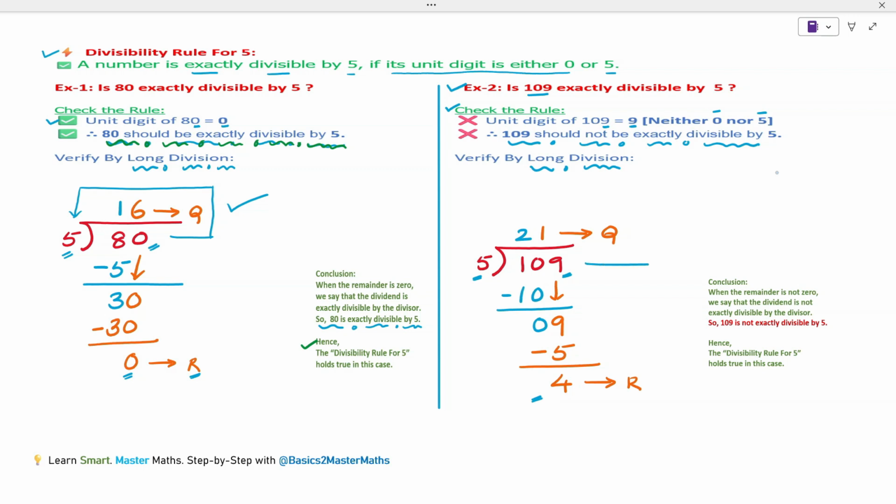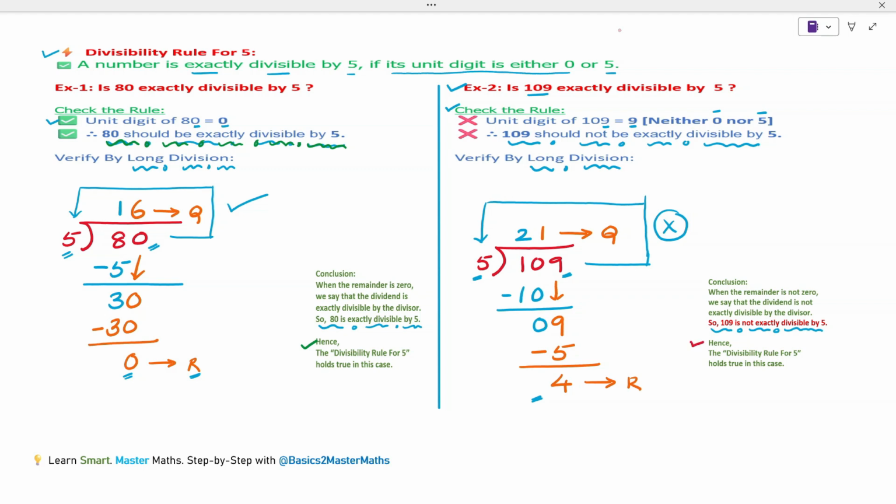When the remainder is not 0, we say that the dividend is not exactly divisible by the divisor. So, 109 is not exactly divisible by 5.